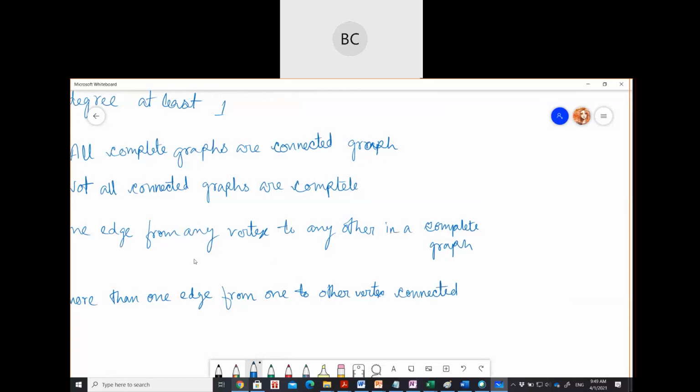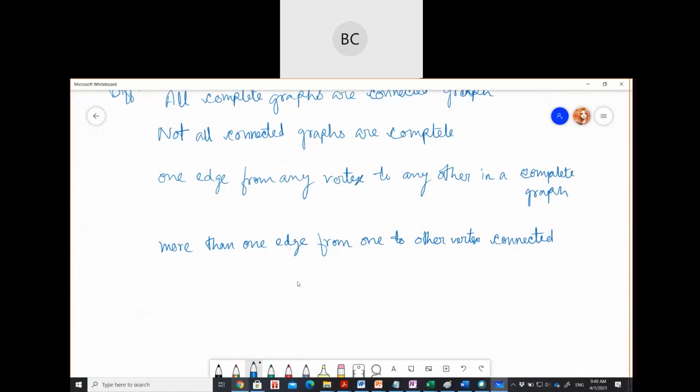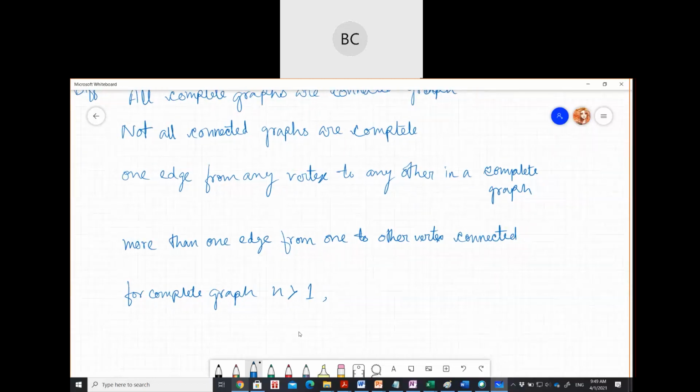And another is, if your complete graph has n vertices, with n greater than one, then each vertex will have a degree n minus 1.